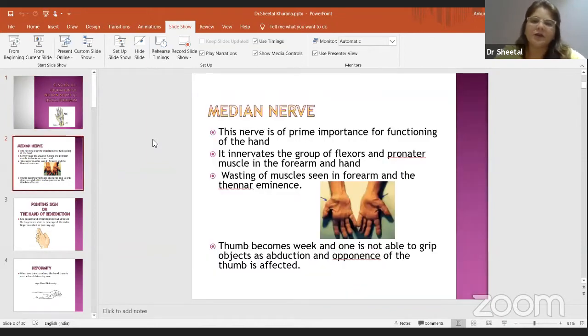The median nerve is of prime importance for the functioning of the hand. It innervates the group of flexors and pronator muscles in the forearm and the hand. Wasting of muscles is seen in the forearm and the thenar eminence. So you can see it looks like this.